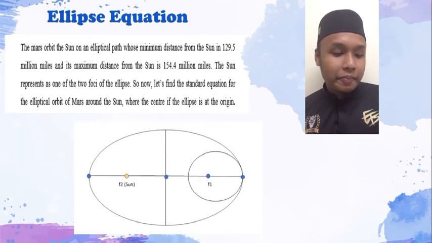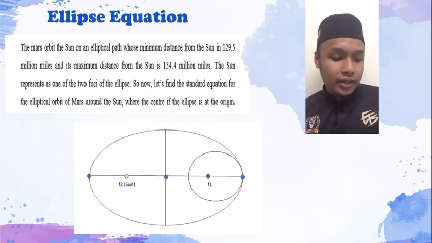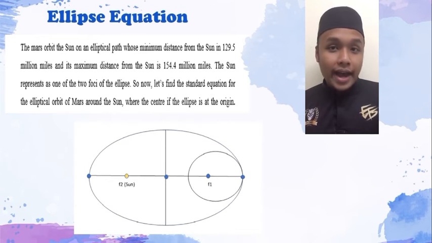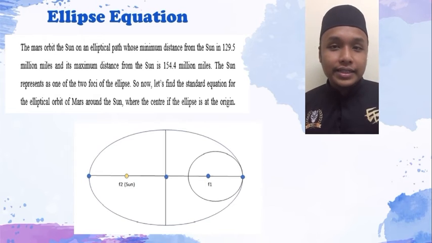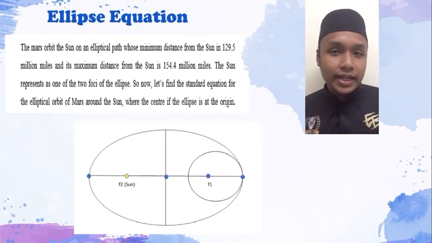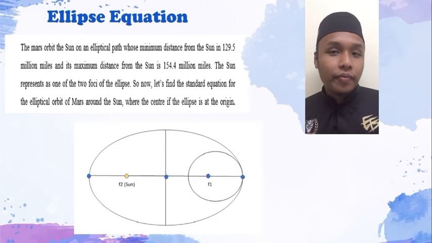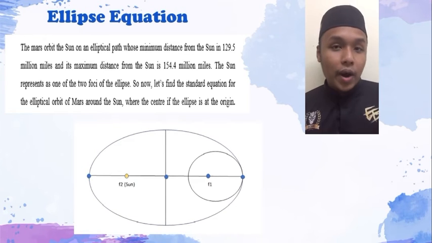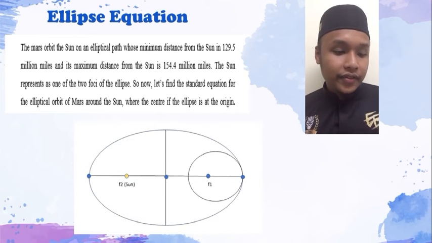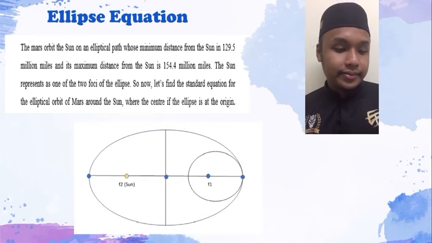The Sun represents one of the two foci of the ellipse. So now, let's find the standard equation for the elliptical orbit of Mars around the Sun, where the center of the ellipse is at the origin.